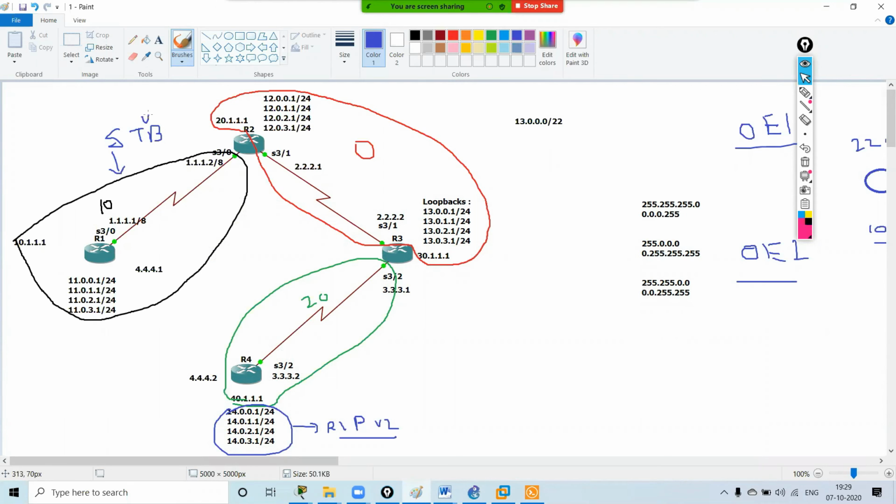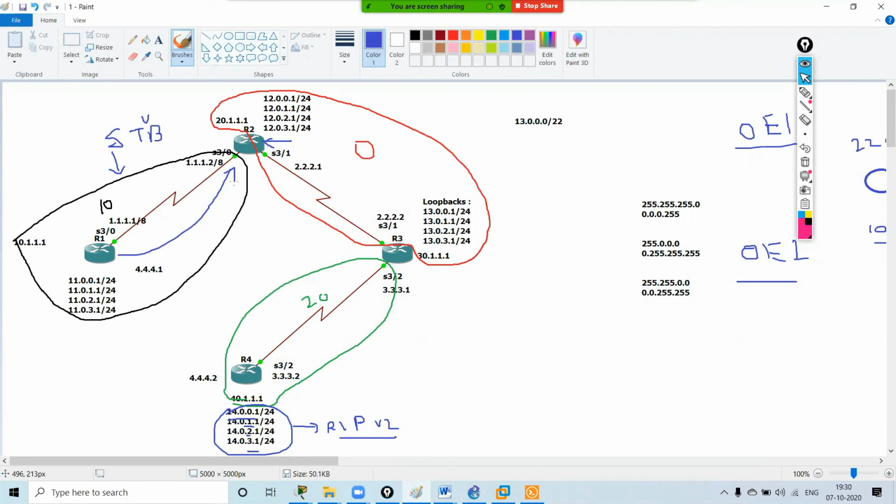Stub area, because this router, my ABR router, has the information about OE2 routes, and it can take me to the OE2 routes. If I want to go to any of the OE2 networks, whether it is 14.0.0.1, 1.1, 2.1, I have to go to my ABR router.